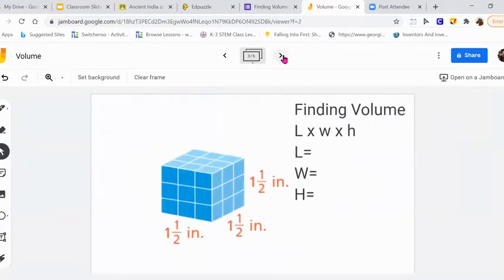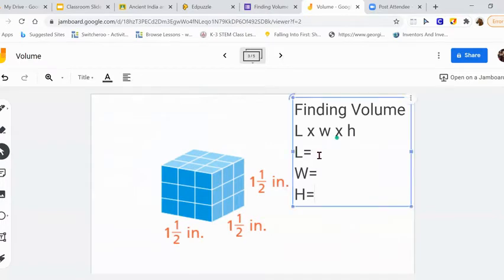All right. So what about if we have to find the volume for fractions? Couple different options. I'm going to show you a few ways. Okay. Let's start with what our length is. So our length is 1.5, and our width is 1.5, and then our height, lucky us, is 1.5.